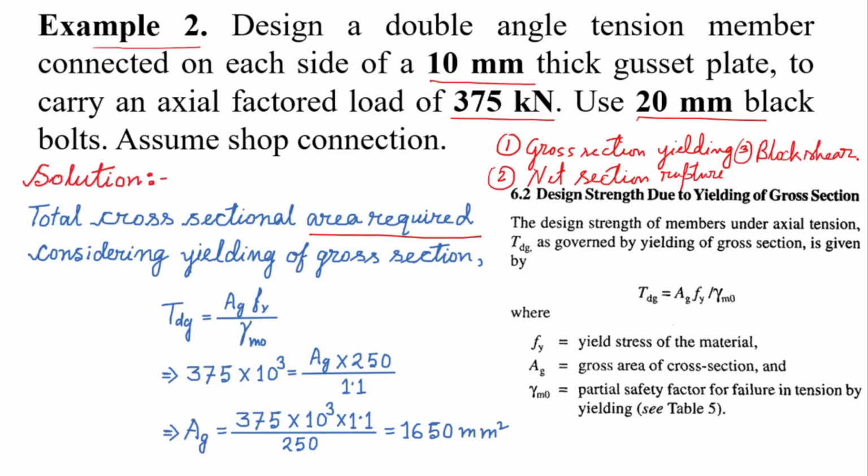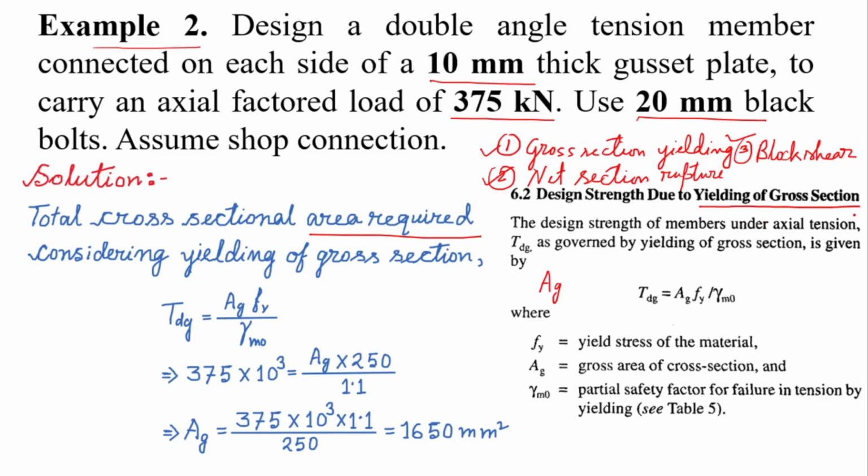When we design a tension member, it should satisfy all these 3 failures. I mean, it should be safe against these 3 failures. If you see the design strength expression for these 3 failures, we will find that the gross cross-sectional area, which is called Ag, is related to the design strength due to yielding.